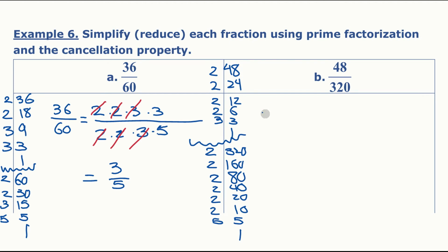So now we're going to rewrite 48 over 320 using those prime factorizations. So on the top we're going to write 2 to the 4, or it's better in this case if we actually write 2 four times. It'll be easier to see the cancellation, even though you could use the exponential notation.